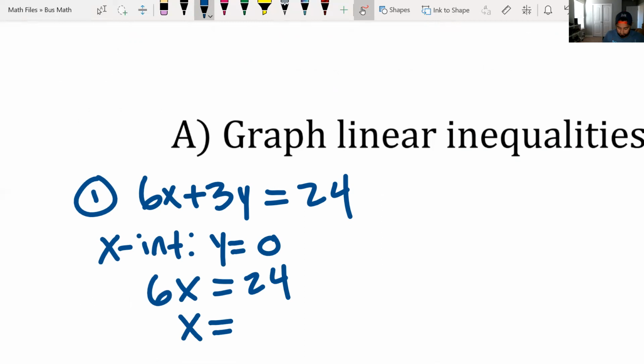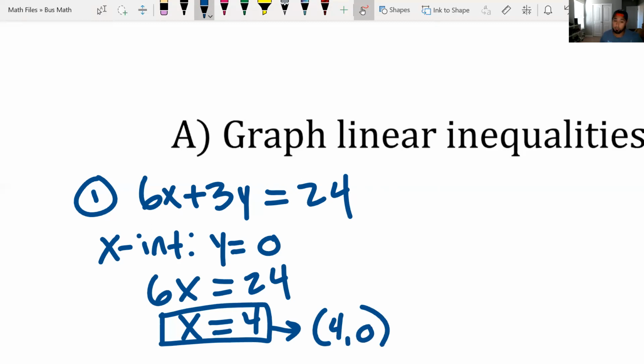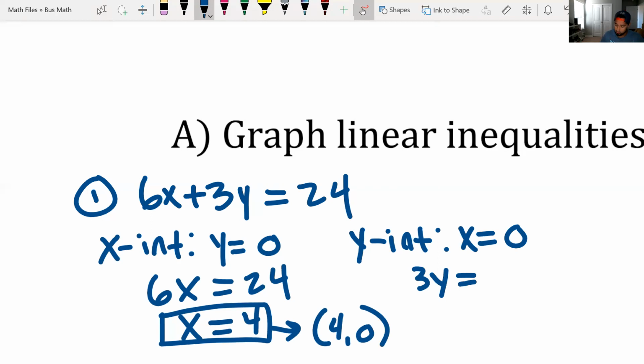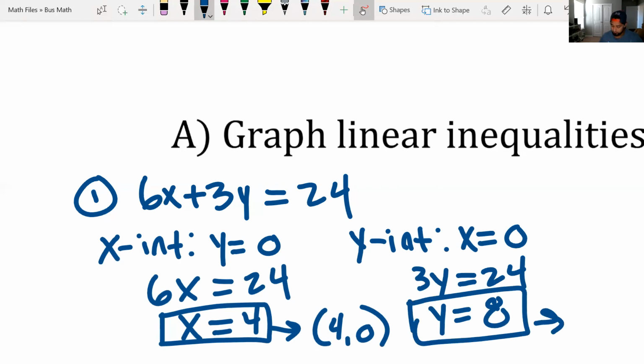X equals 4. Convert: 4, 0. Y-intercept. Let x equal 0. 3y equals 24. Divide by 3, y equals 8. Convert: 0, 8. All right. So there are the intercepts for the first equation.